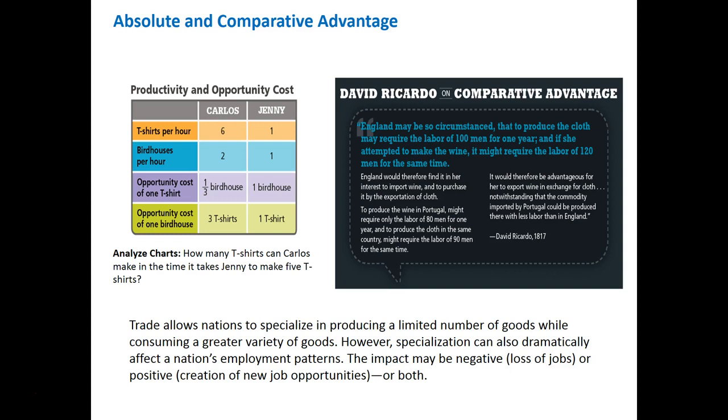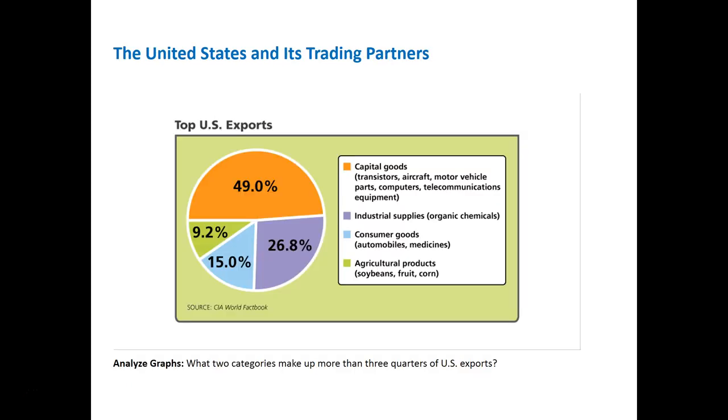Now, when you specialize, that affects, of course, jobs. And you're going to hear a lot about jobs when it comes to globalization and trade, especially when we talk about the issue of offshoring or outsourcing, where companies are hiring people from other nations to do work usually more cheaply, which lowers their production cost, which allows them to then provide the goods at a cheaper price for consumers because they're still covering their cost.